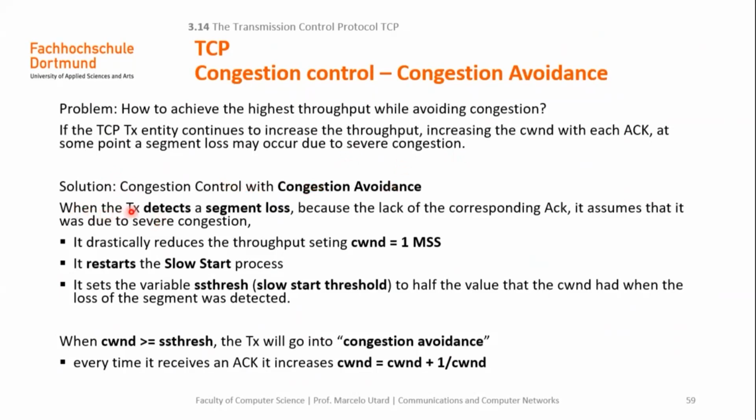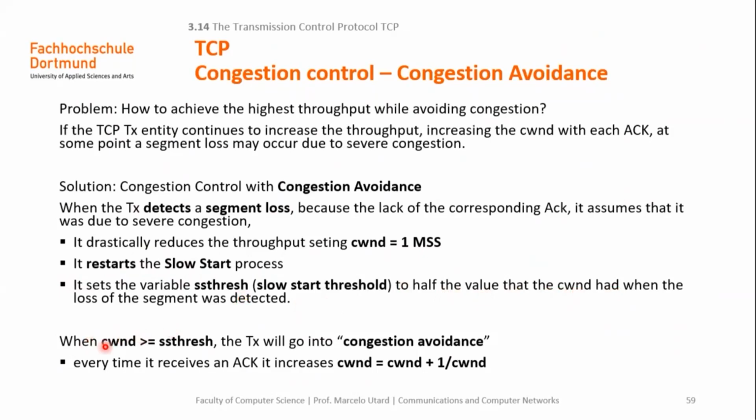When the transmitter detects the segment loss because of the lack of the corresponding acknowledgement, it assumes that it was due to severe congestion. Then it drastically reduces the throughput, setting the congestion window to 1 MSS, restarts the slow start process, and sets the variable slow start threshold to half the value that the congestion window had when the loss of the segment was detected.